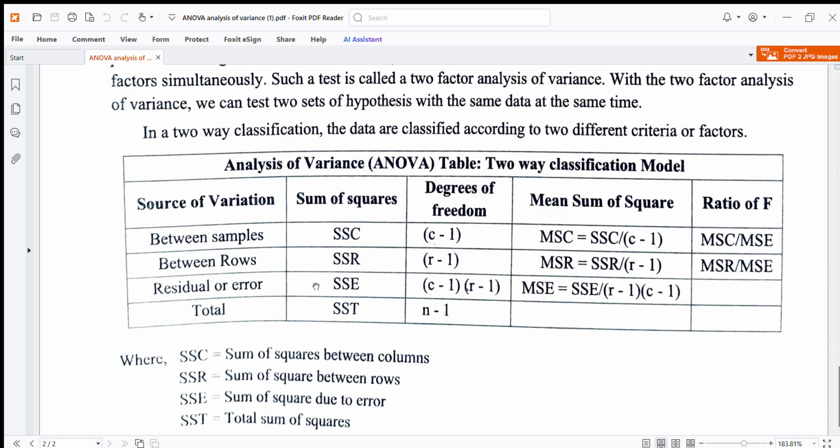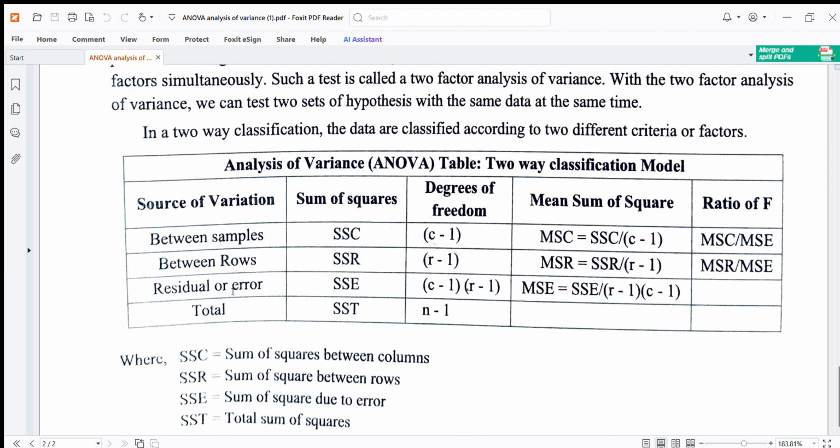Analysis of variance, ANOVA table, two-way classification model: source of variation, sum of squares, degrees of freedom, mean sum of squares, and ratio of F. Between columns: sum of squares SSC, degrees of freedom C minus 1, mean sum of squares MSC equals SSC upon C minus 1, F ratio equals MSC upon MSE. Between rows: sum of squares SSR, degrees of freedom R minus 1, mean sum of squares MSR equals SSR upon R minus 1, F ratio equals MSR upon MSE.